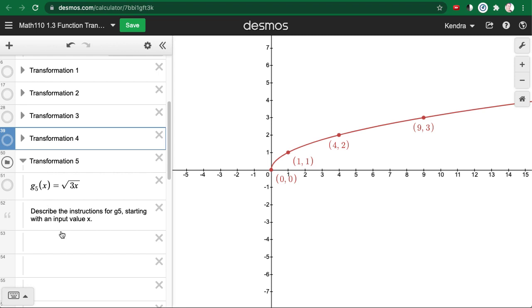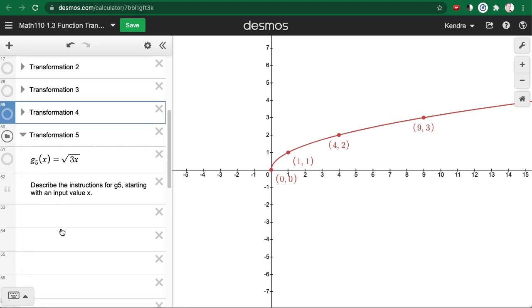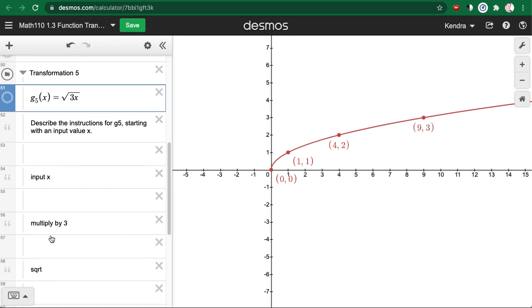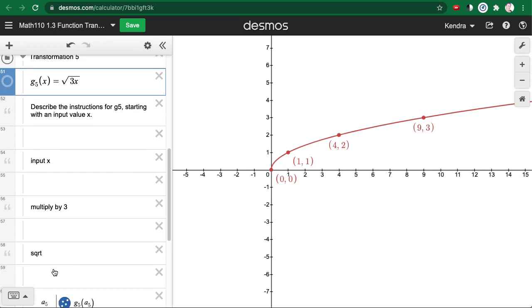All right, so what are the instruction steps in this function? I take an input x. First thing is I multiply it by 3, and then I apply a square root.